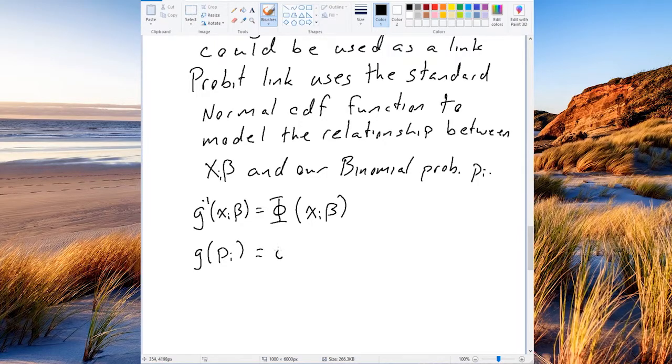Well, this is a little unfulfilling, but I just write the inverse of the capital phi function of that probability, and that moves me back to xi beta. You guys know what the PDF for a standard normal distribution looks like. The CDF doesn't have a nice closed form, which is why we have a symbol for it. There is no good way to write this other than with these symbols, so just know that this is how I express the Probit link function.